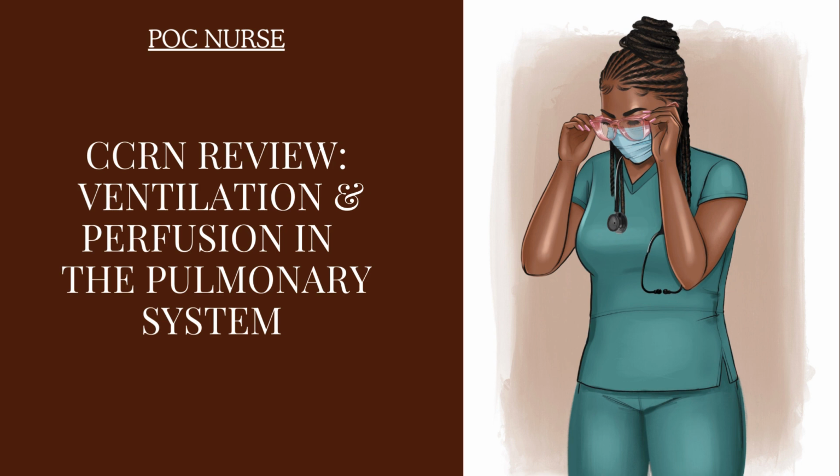It's going to be difficult for that patient to ventilate because there's resistance in the airways. The airways are smaller, so it's harder for the air to pass through. If you've seen an asthmatic patient having an attack, it is so difficult for them to get the air in and get the air out. So those are two things that could affect ventilation: compliance of the lungs and resistance to airflow.